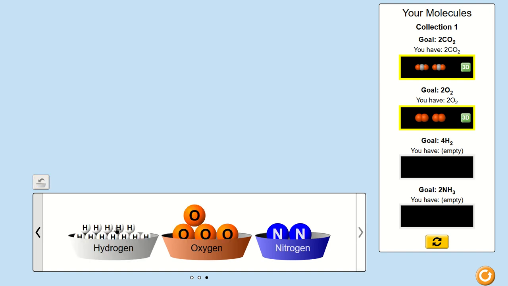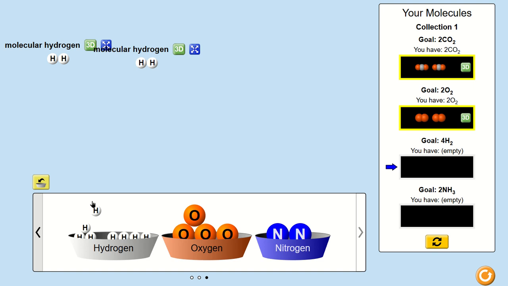So what we have here is 1 hydrogen atom, 2 hydrogen atoms, creates molecular hydrogen. Now I got to do this 4 times. So I'm going to take 1, 2, boom, another molecular hydrogen, another molecular hydrogen, and another one, boom, for a grand total of 4 molecular hydrogen molecules.